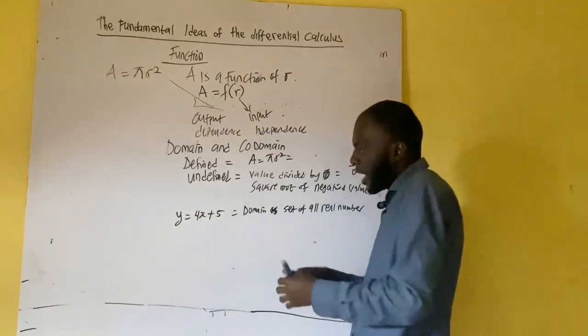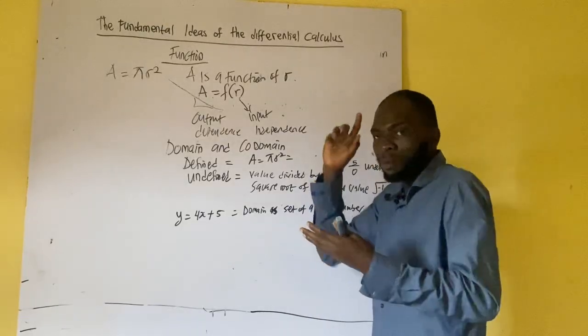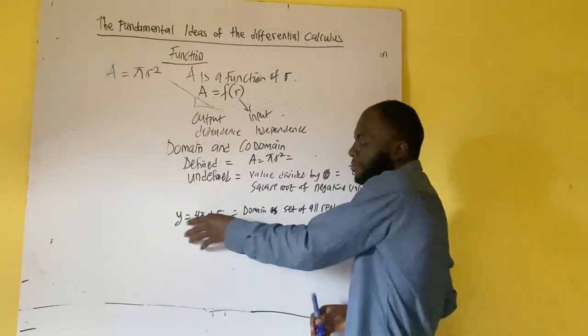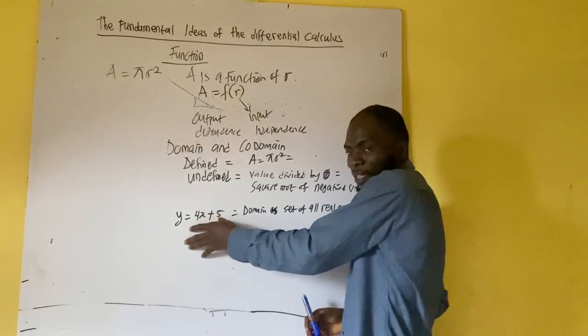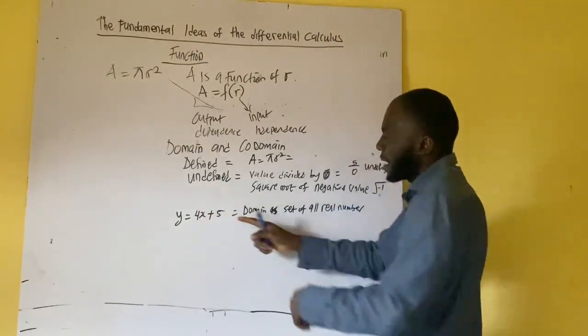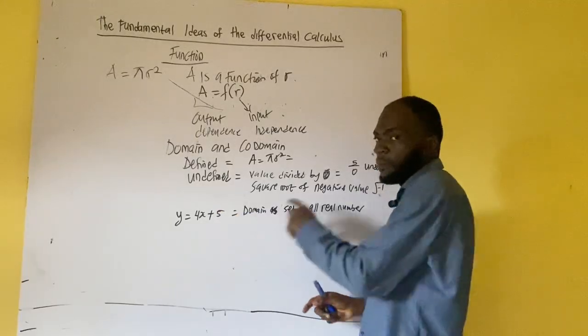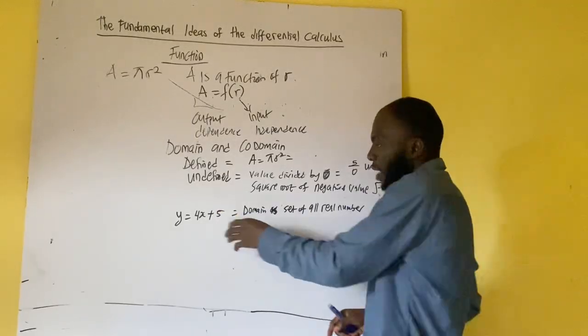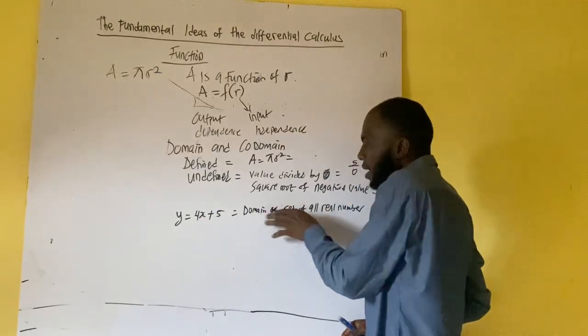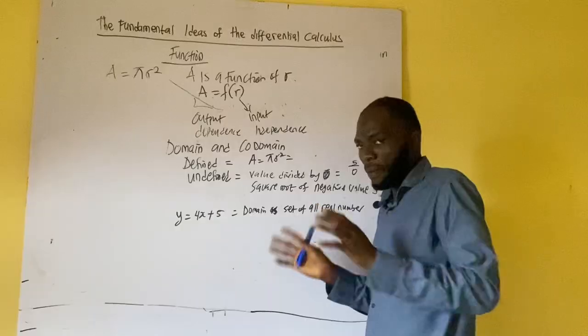Are you with me? If I have 1, 2, 3, even a negative value, I'm still going to have it defined. There's no way I'm going to have division by 0 or the square root of a negative value. So the domain is the set of all real numbers.